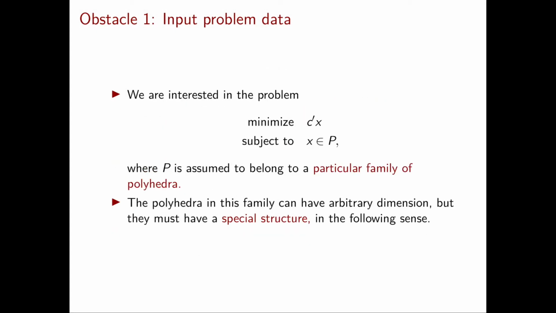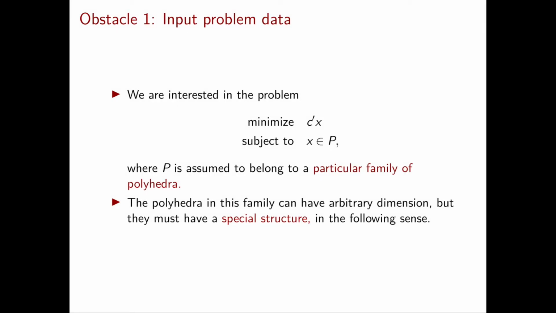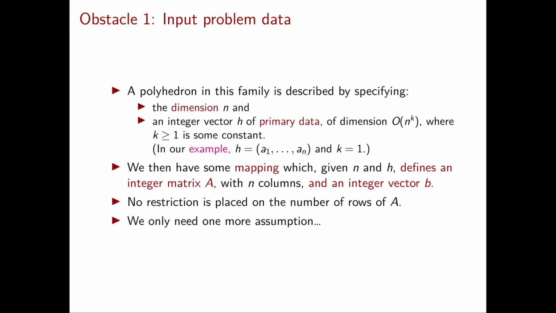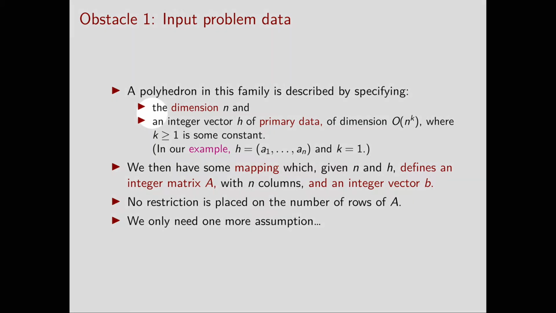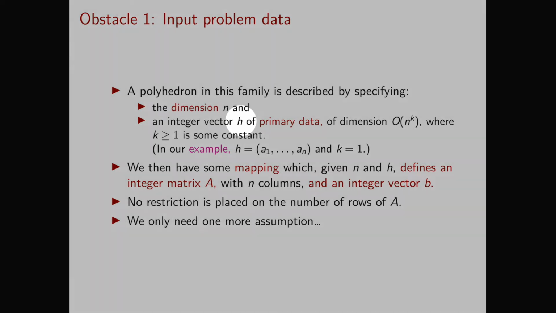We are now ready to state our first assumption. We only consider linear programming problems of the form minimize c transpose x subject to x in P. Here, P must be a polyhedron with a very special structure that we now formalize. Our polyhedron P must be described by specifying first its dimension n and then an integer vector h of primary data.